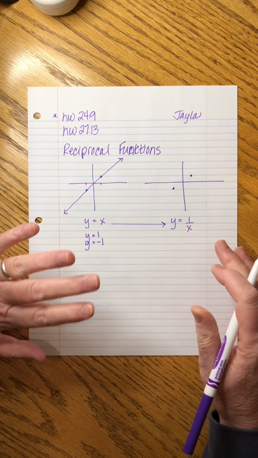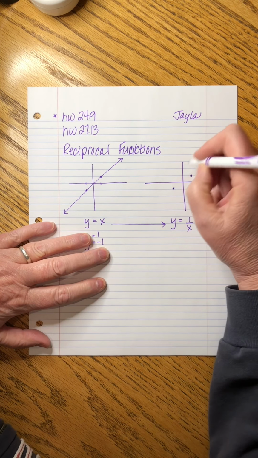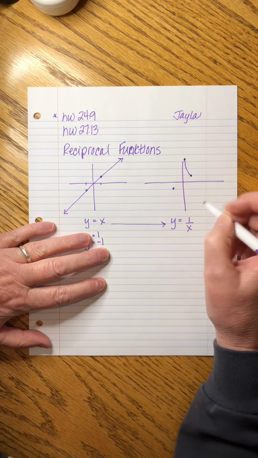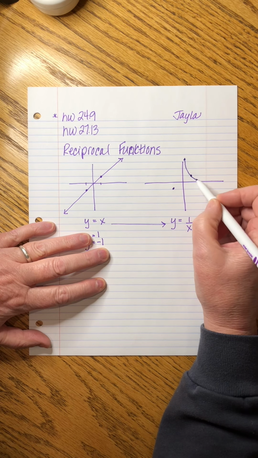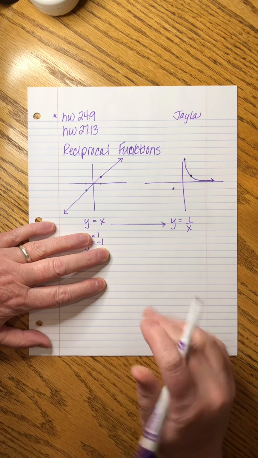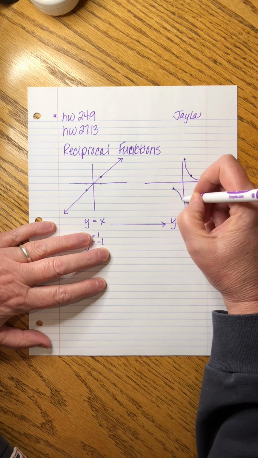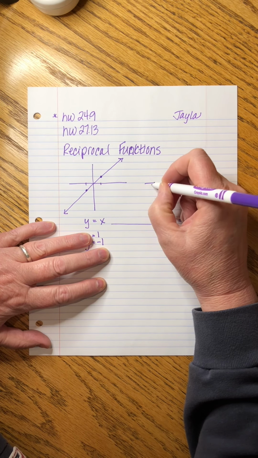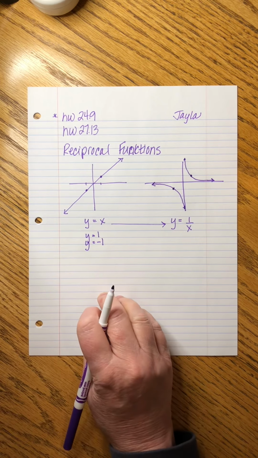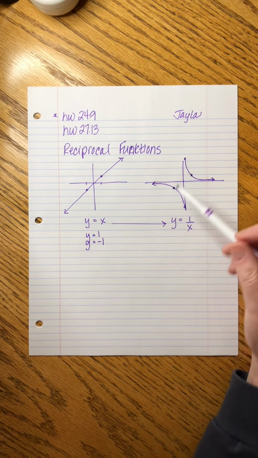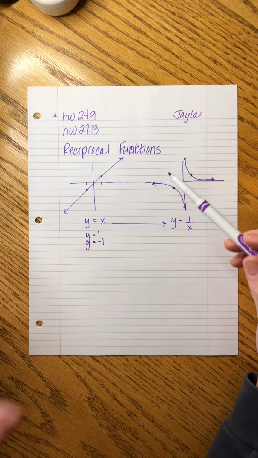But the reciprocal function takes a very different shape. It goes from there to hug the x-axis that way, and then it goes there to hug the x-axis that way. It'll always be like that. And then the same thing happens down here. Again, if you have any doubts or want to prove this for yourself, just make a chart and choose some values and figure it out. But I don't want to do that now because that'll just confuse you.